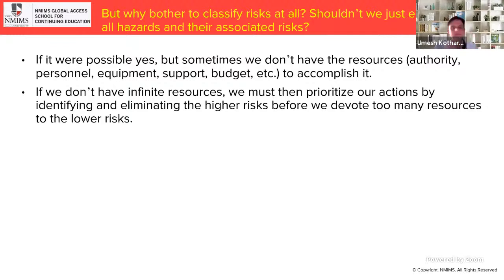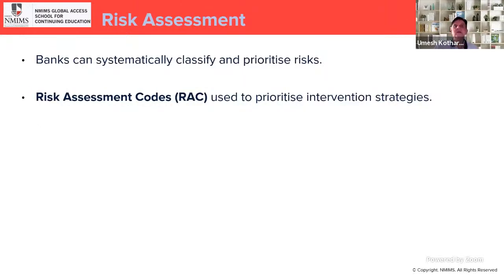So the first thing that we need to understand is whether we have a risk management policy, number one. Number two, more important than that, do we have a risk assessment framework? And for a risk assessment framework, we must have a risk assessment code.